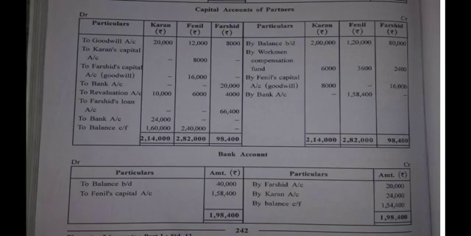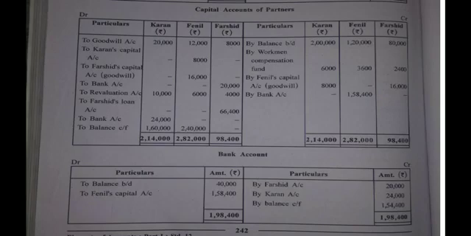Then that particular amount will be converted in the new ratio, and then you will write it down here. Yes? And once you make these changes, obviously necessary effects are to be given. Yes? So this adjustment is all about the things I have mentioned right now.